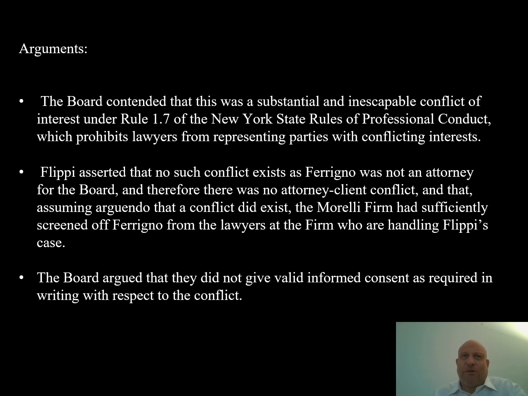I didn't have access to the file. Someone else worked on it at the Morelli firm. I had other responsibilities there as agreed. So there's not a problem. Plus, the board said I could join the Morelli firm, and now they're being unreasonable. The board argued, we didn't really give valid, informed consent as required in writing, as required by the rules.